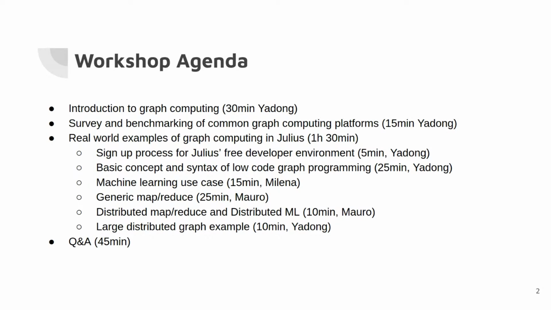Then we're going to use some of the real-world examples to illustrate how to build complicated, large-scale, and realistic graph computing solutions using Julia's platform. At this part of the presentation, my colleagues from Julius Technology will be joining me.